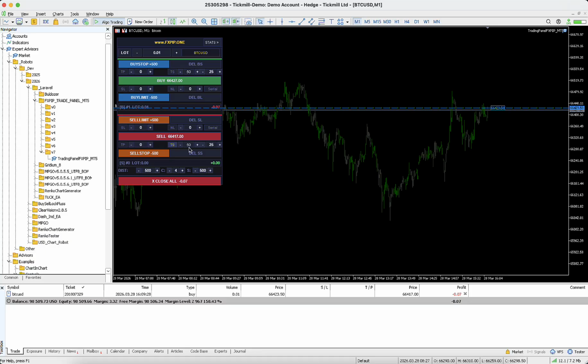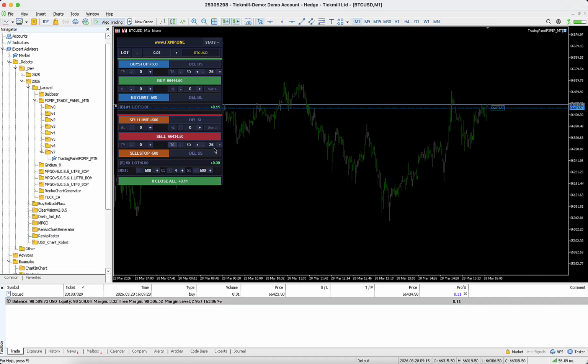The total profit of the position must be 50, and it places 25 pips from the current price to the first stop loss. And this is how it works.